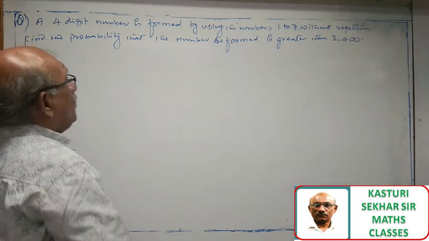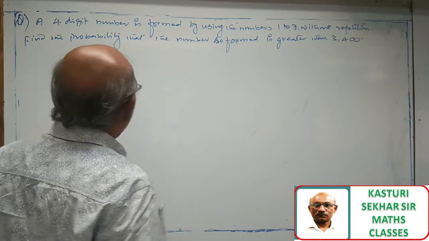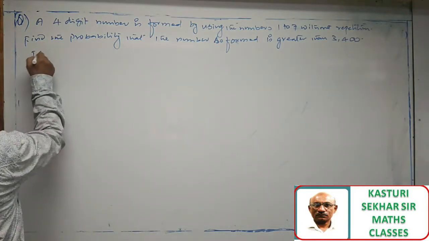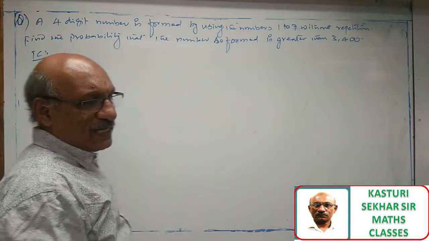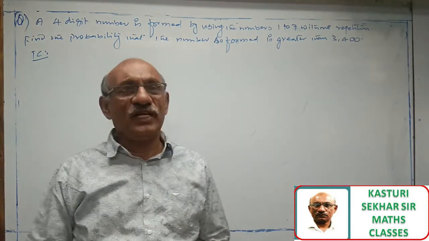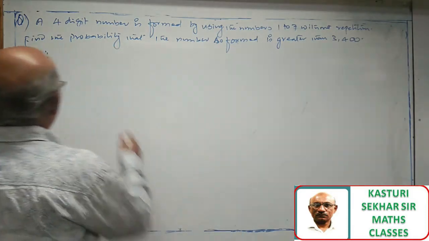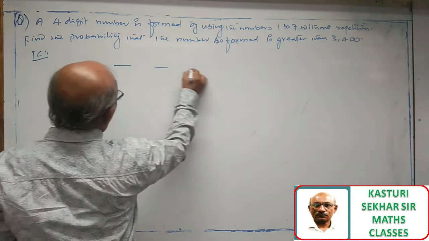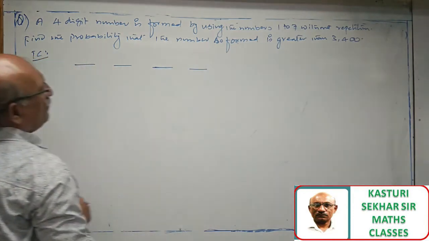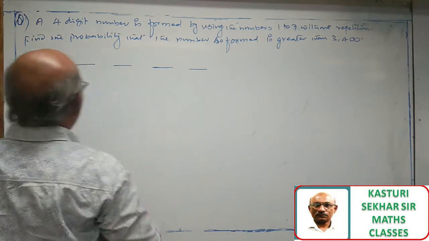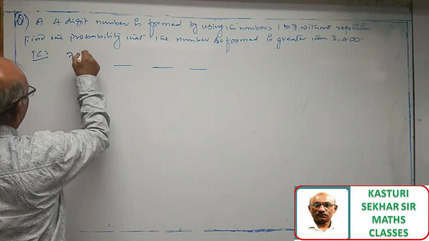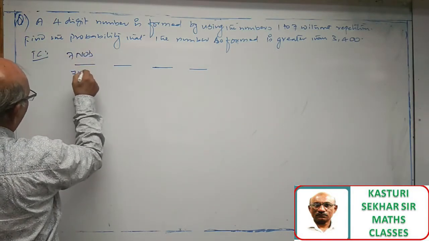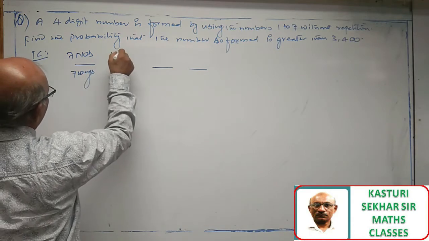Okay, sir. We want a four-digit number. Let us calculate first the total number of cases. When you are calculating total number of cases, it means it is without restriction. Let us see four places: 1, 2, 3, 4. So 7 numbers are available. This can be filled in 7 ways. 6 numbers are available.